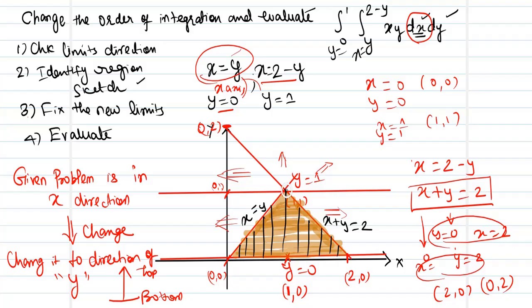Now, try to split this into two parts over here. One for which the variation in y direction is from y equal to 0 to y equal to x. And the second one over here in this direction where you vary from y equal to 0 to y equal to 2 minus x. So we will make this into separate parts so that we will be able to easily fix the limits.